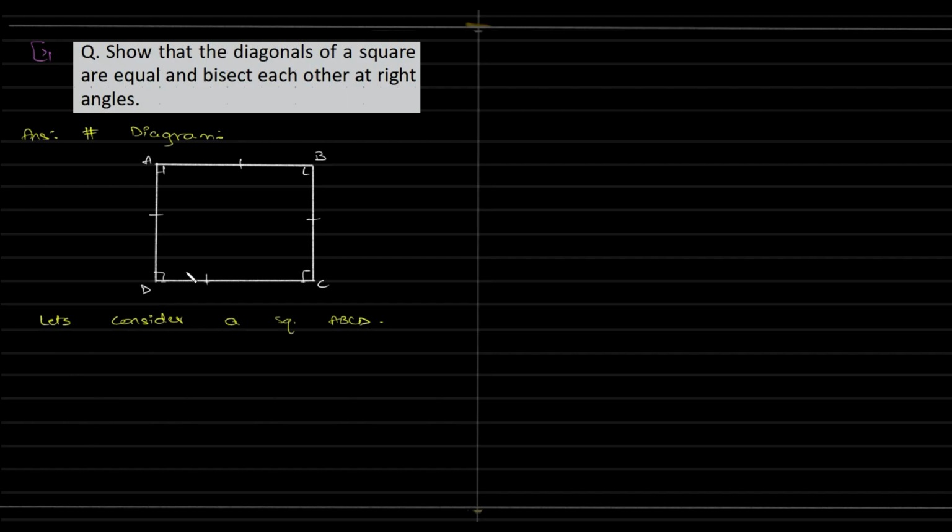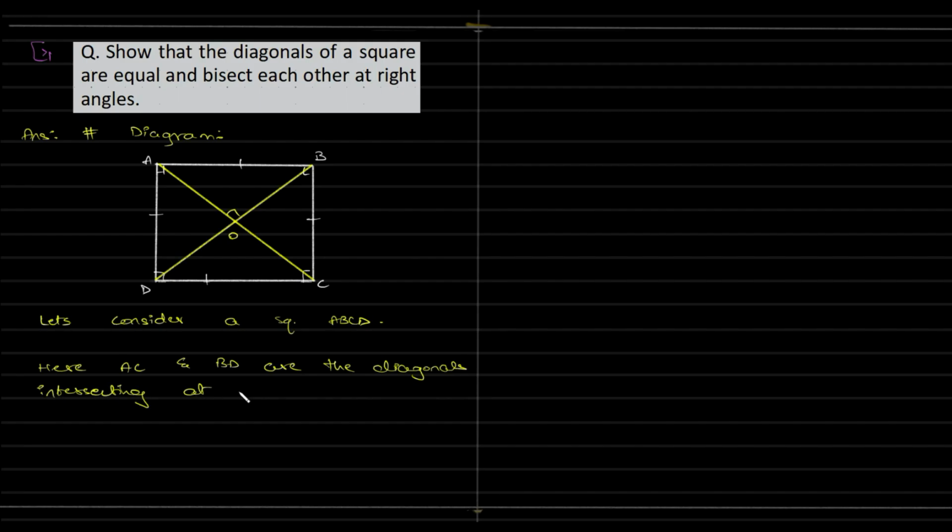So we have the diagonals DB and AC. Here AC and BD are the diagonals. And we have to prove that this is 90° and they bisect each other, intersecting at O, right?